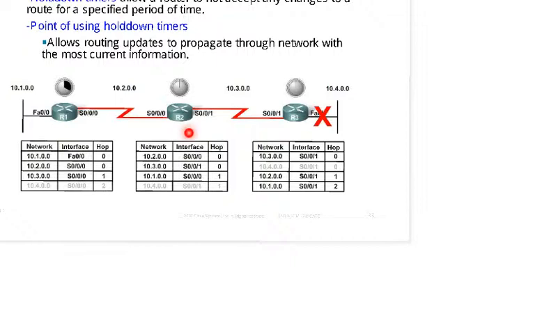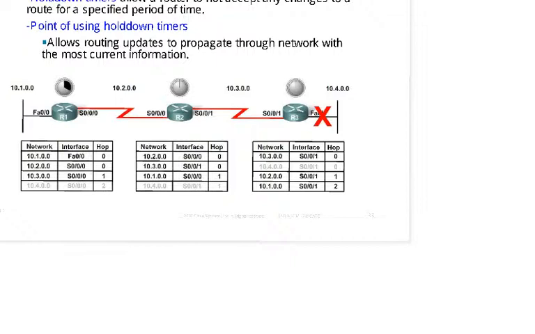Router 2, if it sends a route update to router 3 that I have a route to this destination network with a hop count of 1, router 3 will not accept it. But all of them will keep this entry in the routing tables.